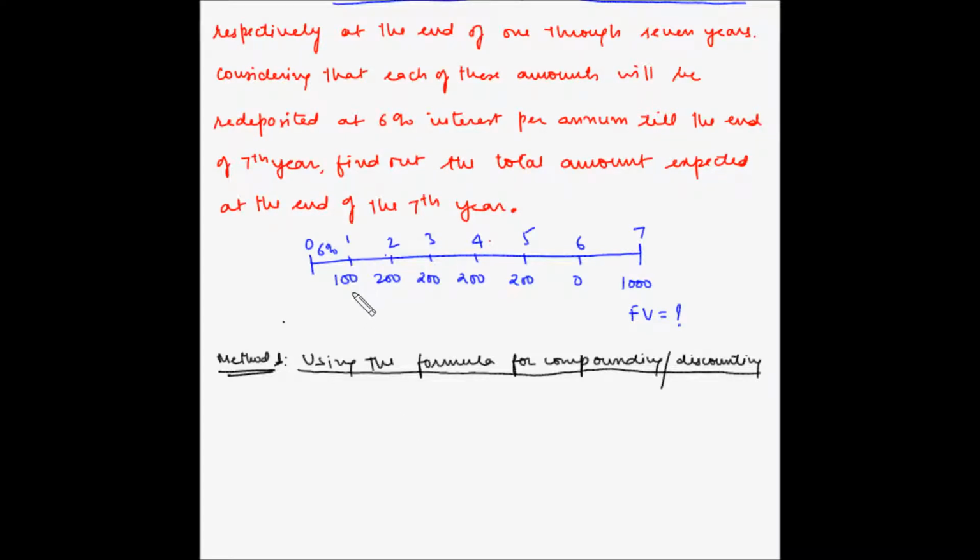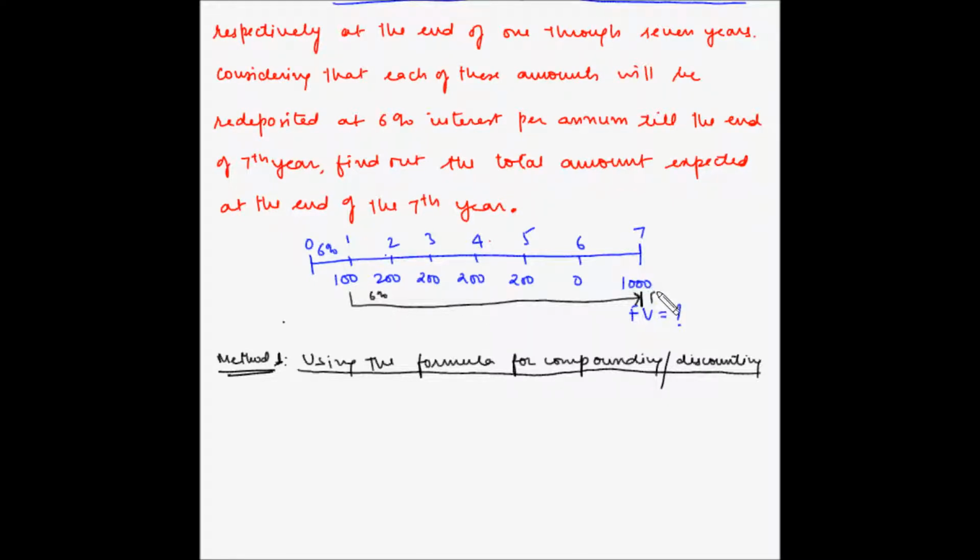So basically this 100 rupees, we can find out what will be the value at the end of 7 years for this amount of money at 6% interest per annum.